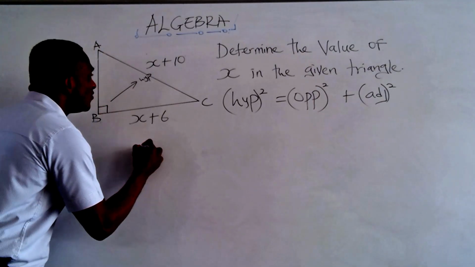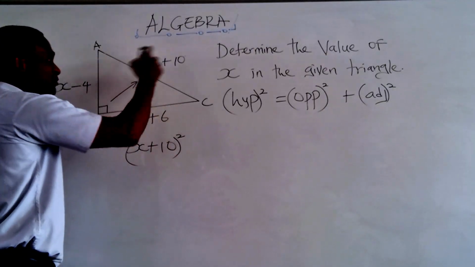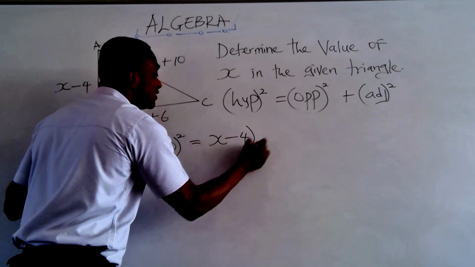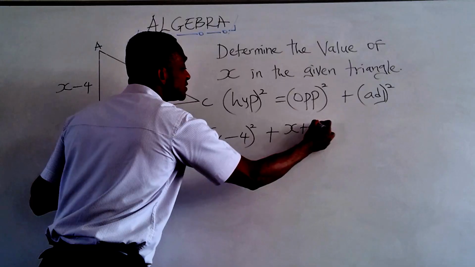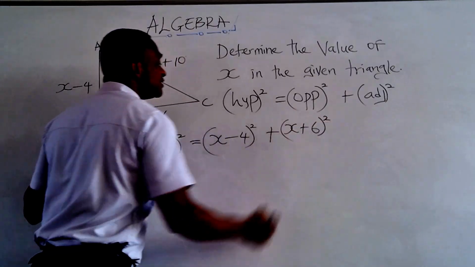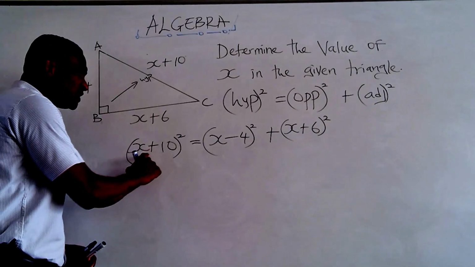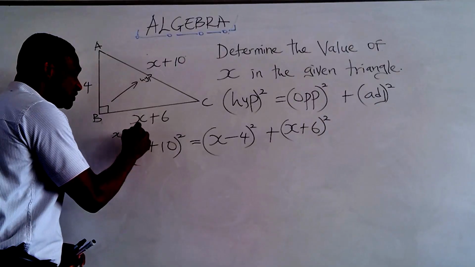So here we have x plus 10 all squared, that's the hypotenuse, will be equal to the square of the other two sides, x minus 4 plus x plus 6. What do we do? We expand this. Please remember that this is not x squared plus 10, but we expand the brackets into two places.